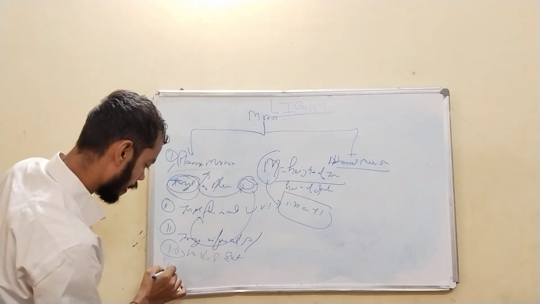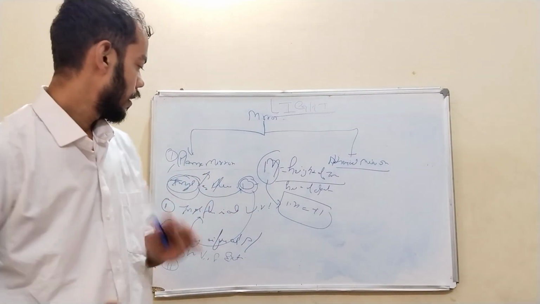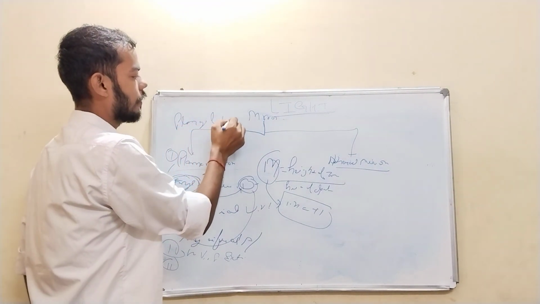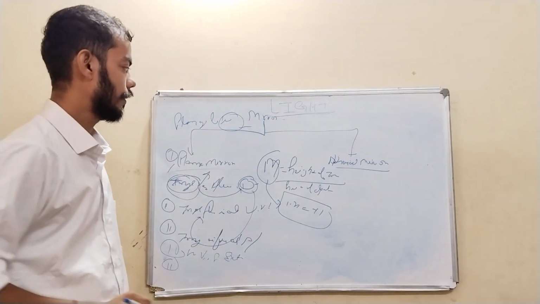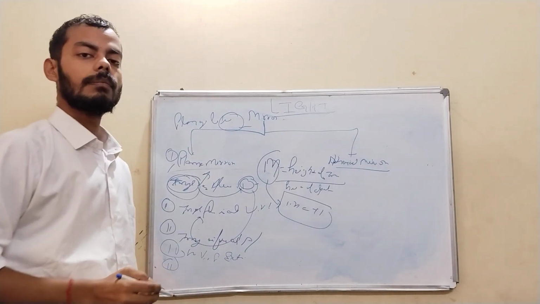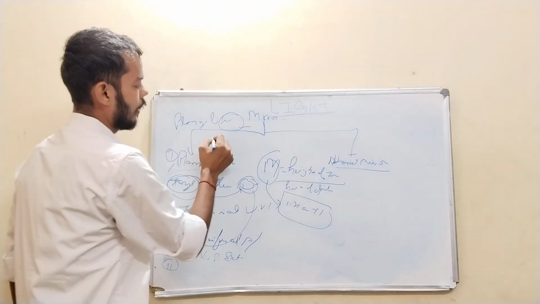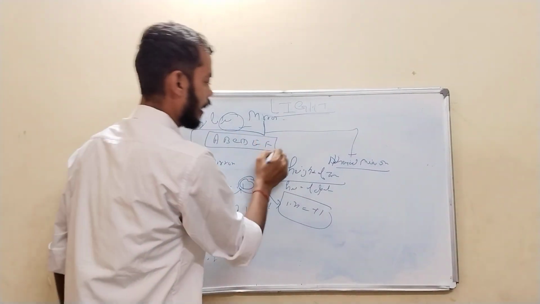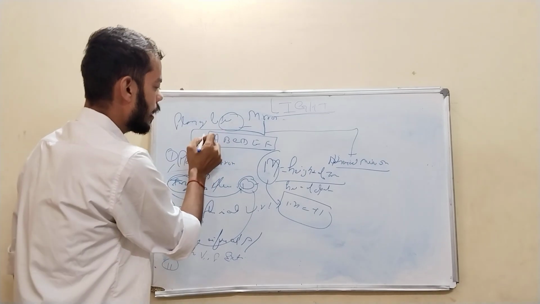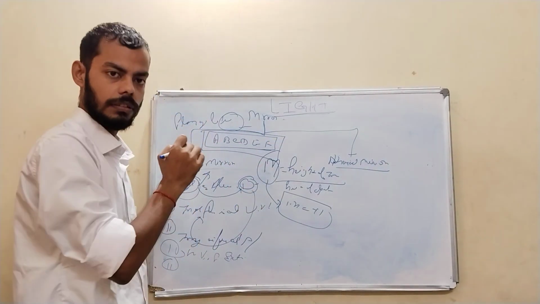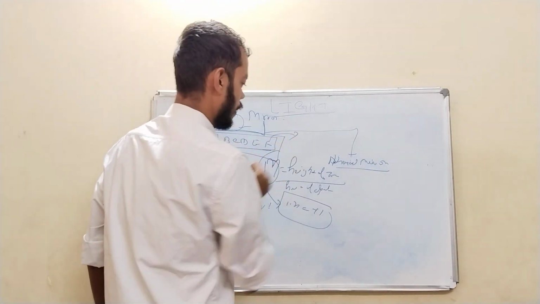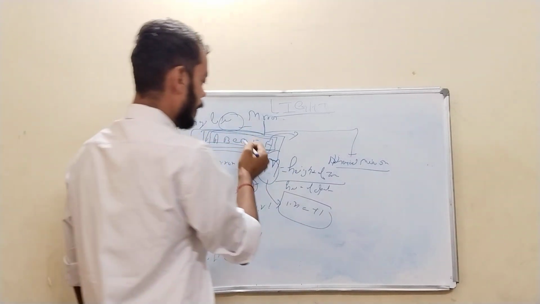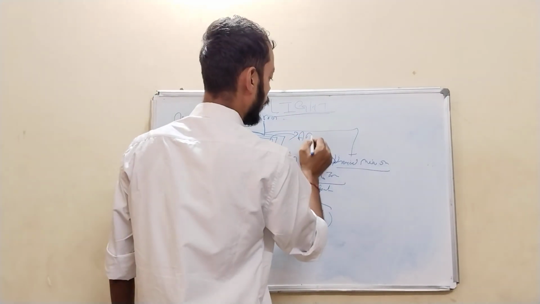One more concept is that a plane mirror gives us lateral inversion. What is meant by lateral inversion? Suppose we write A, B, C, D, E, F. When a mirror is placed before this, what do we see in the mirror? We will not see A, B, C, D in this form. We will see it in its inverted form.